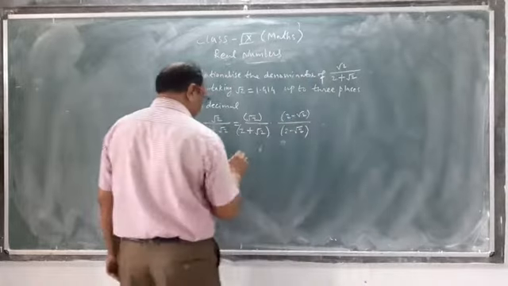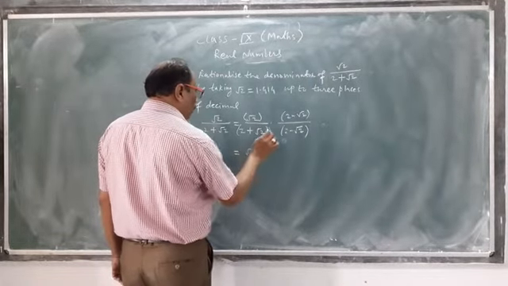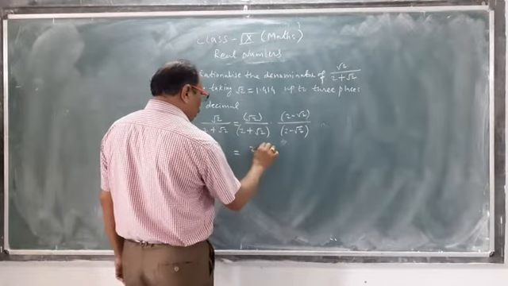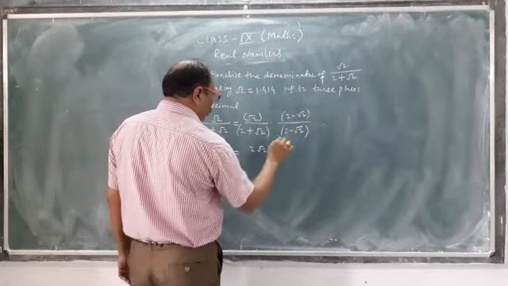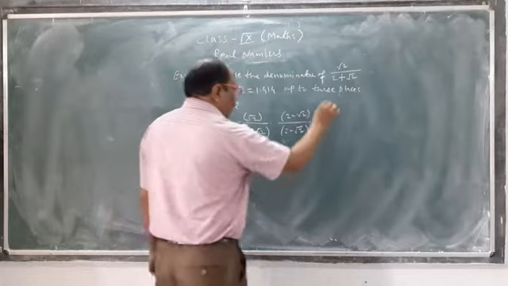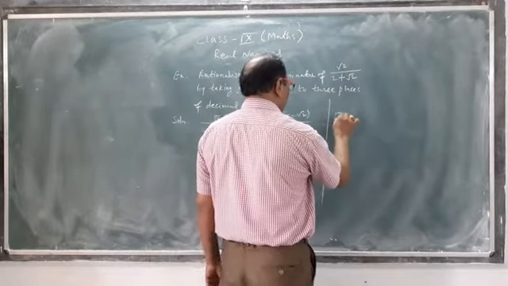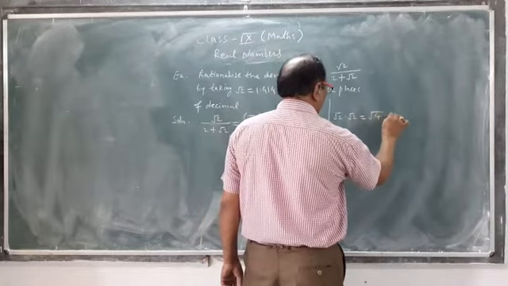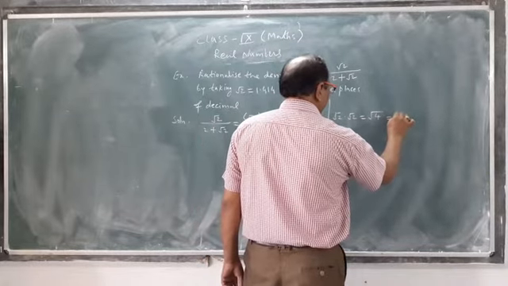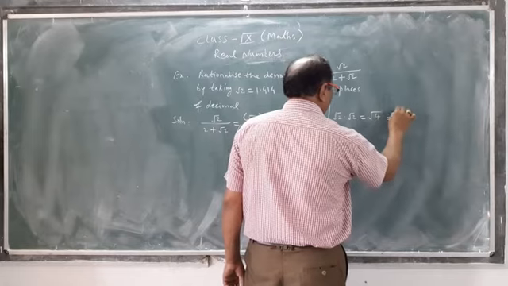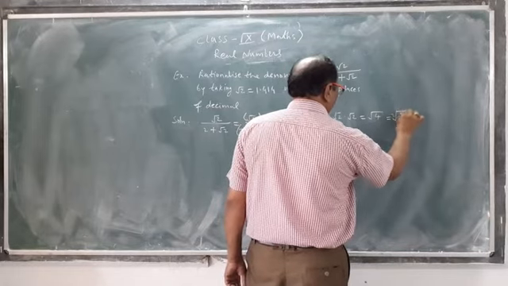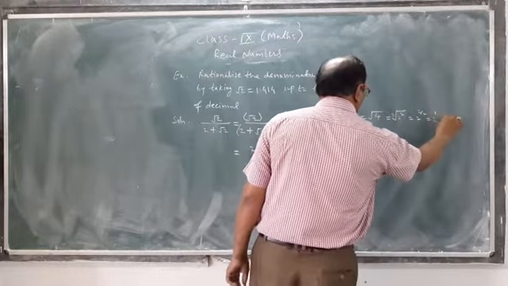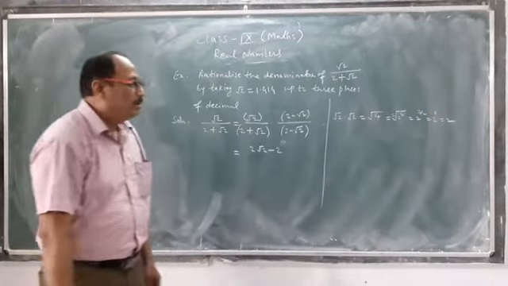Then root 2 into 2 is 2 root 2. Root 2 into root 2 is root 4. Square root of 4 is 2 square, that is 2 raised to power 2 upon 2, means 2 raised to power 1, that is 2.